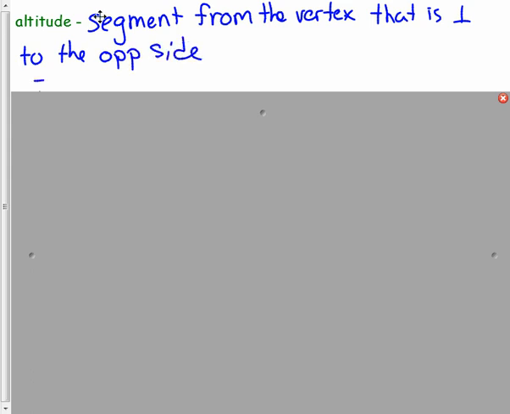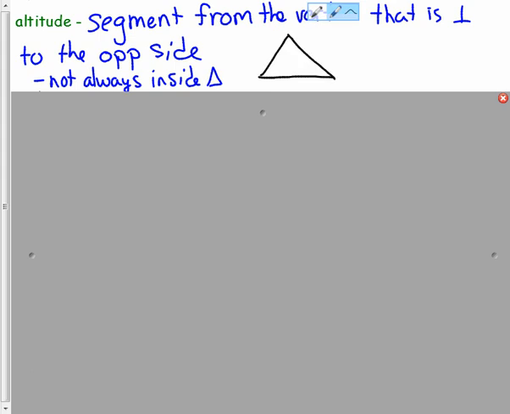Note here, it is not always inside the triangle. So we have an example. First triangle here. I go and draw this perpendicular. There's my altitude.